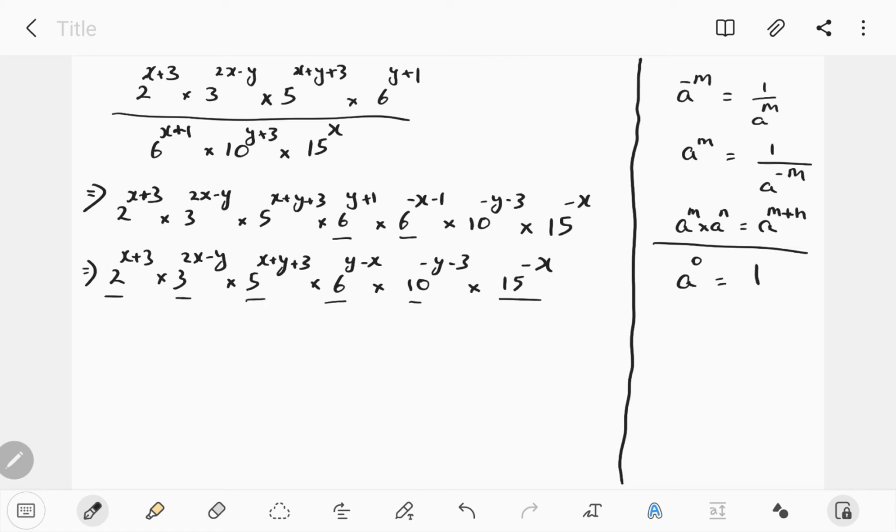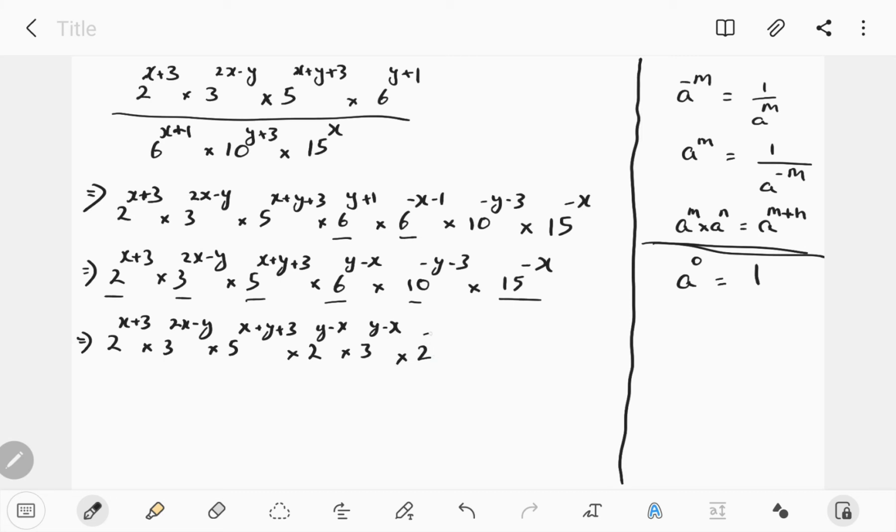So I have to break them down so that I have common bases, so that once again I can apply this property a power m into a power n. That's how we are going to proceed now. So I'll take here 2 power x plus 3 into 3 power 2x minus y into 5 power x plus y plus 3. 6 is nothing but 2 into 3, 2 power y minus x into 3 power y minus x.